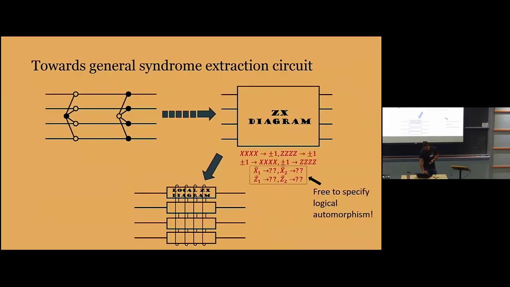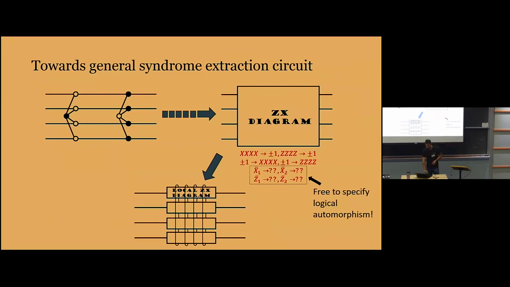So using ZX diagrams, we can think of syndrome extraction not as a specific circuit, but as some sort of general template. And this not only recovers the usual stabilizer checks, but it gives us the freedom to specify that the logicals are morphing in a certain way. And once we allow ourselves to deform these diagrams in space-time, we get to this idea of space-time concatenation, which is the principle I will try to emphasize.